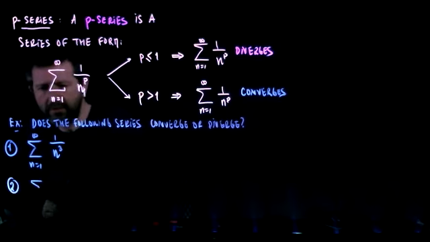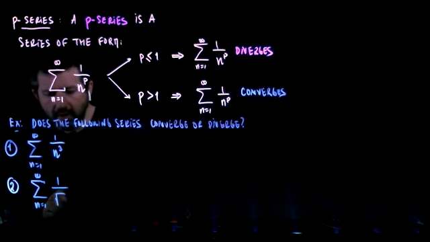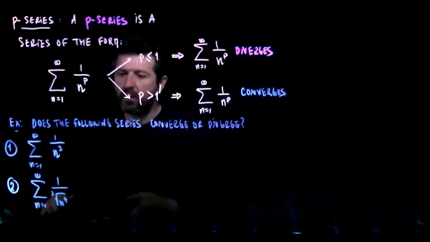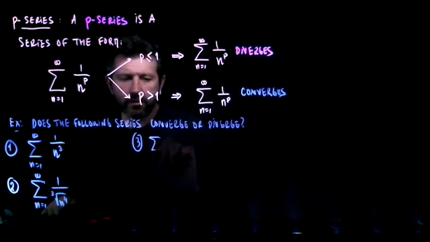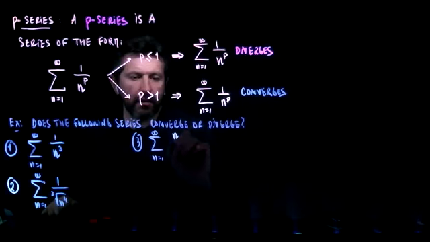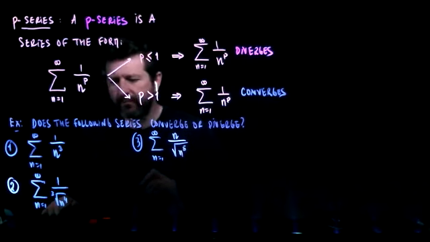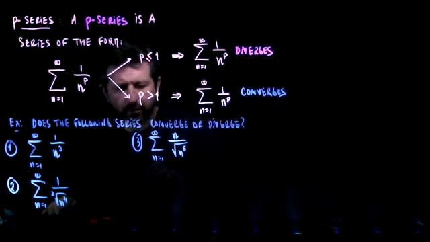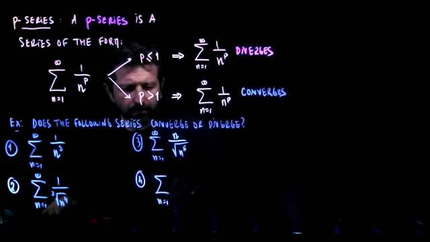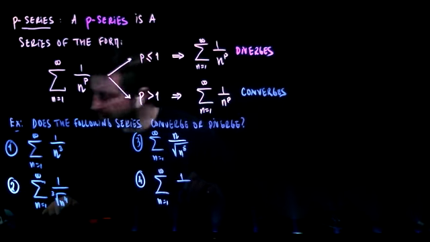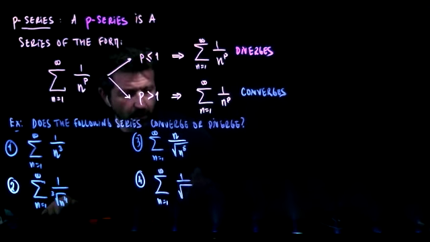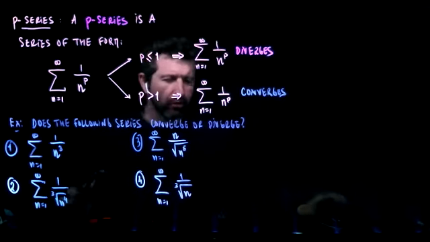Second, it's pretty easy, sum n equals 1 to infinity, 1 over the cubic root of n to the 4. Third, sum n goes from 1 to infinity, n over the square root of n to the 5. And four, sum of 1 over the cubic root of n. Okay, so tell me if it converges or diverges, each of them.